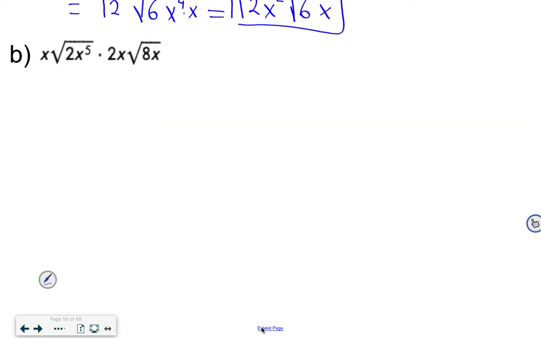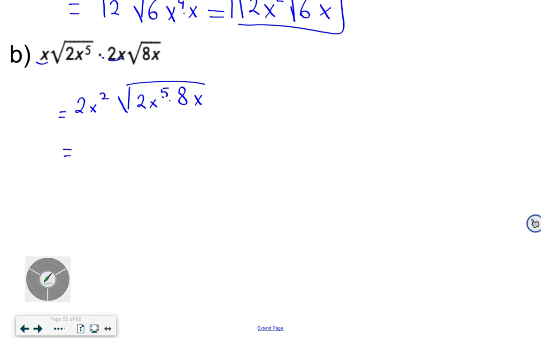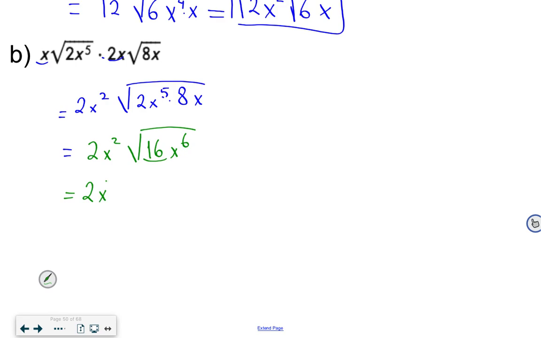2x times x, these are the expressions in front of the radicals. Multiply them. If you multiply, you will get 2x squared. Now, under the same radical, 2x to the power 5 times 8x. When you simplify inside the radical, you will get 16 times x to the power 6. 16 can be taken out of the root as a 4.